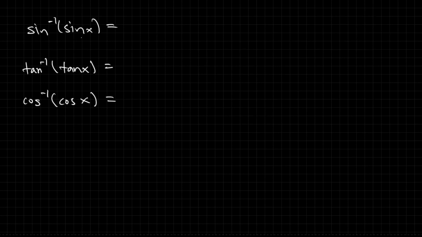So sine inverse of sine of x will be equal to x for all the x's that are in the restricted domain of the function that comes before it. So for all x in the restricted domain of sine of x. So the restricted domain of sine of x is minus pi over 2 to pi over 2. So this is for all x in minus pi over 2, comma, pi over 2.